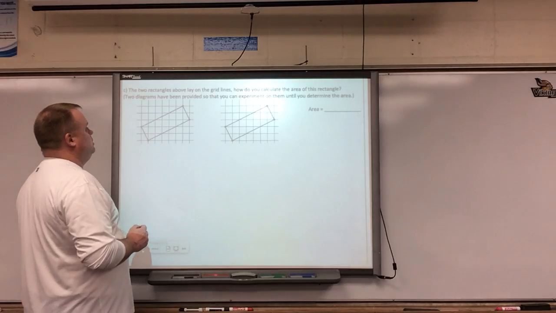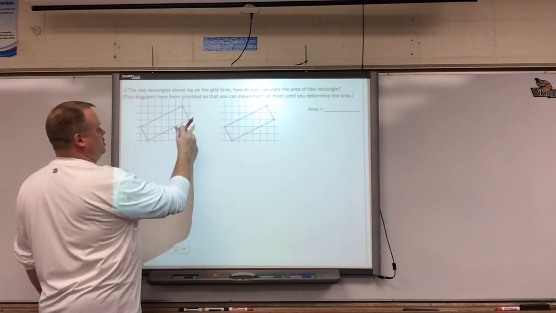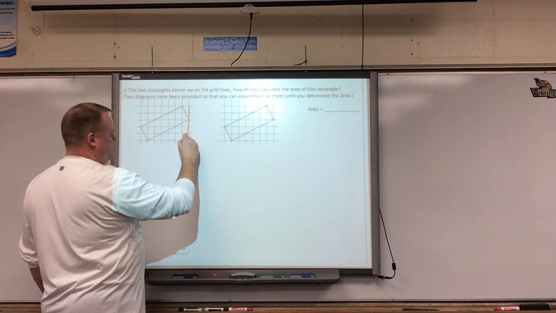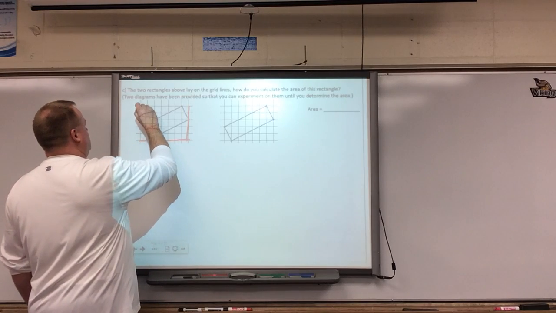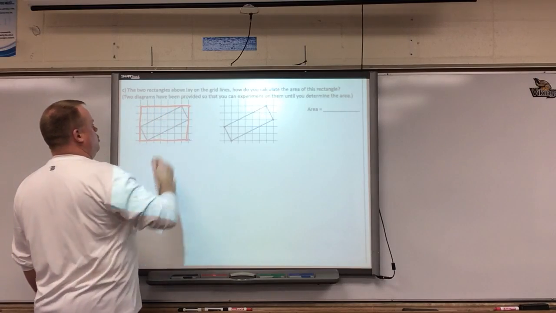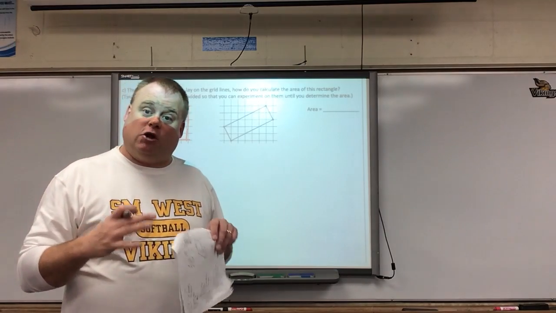I want to box this or rectangle this in. So I'm going to go from my outer point, my top point, I'm going to rectangle it in. The outer point, the outer, and the outer. What I have done is I've enclosed my rectangle. Well, I've enclosed it with the shape.